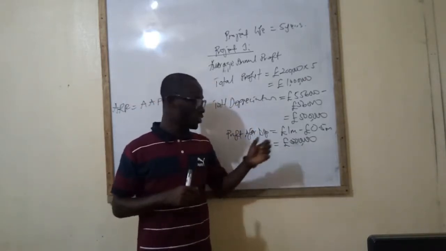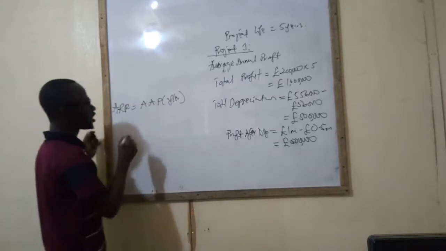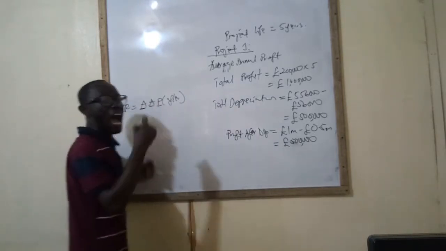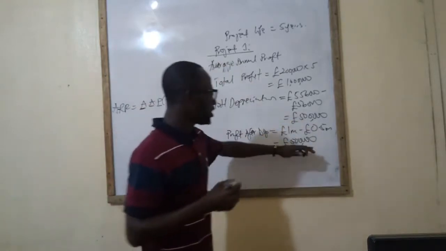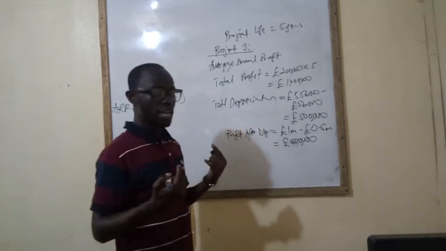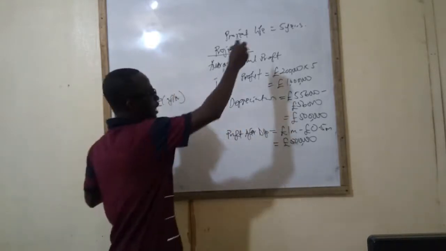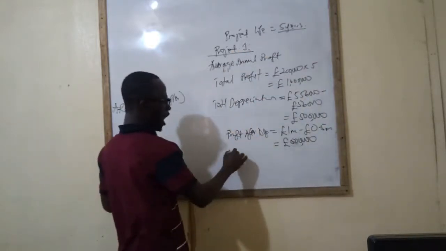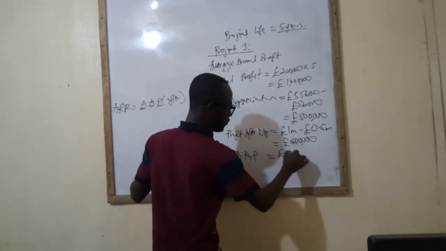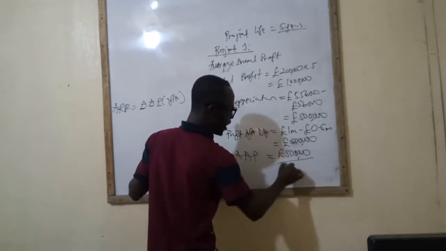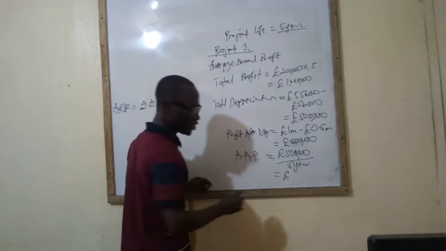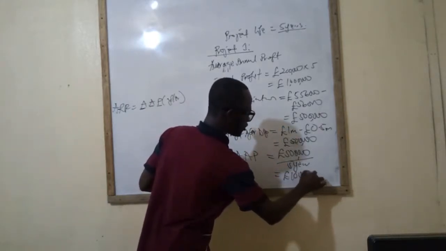Now, remember what we are interested in is average annual profit. This is the total profit after depreciation for the 5 years, so we need to get the average of that, and the years is 5. So average annual profit will be equal to £500,000 divided by 5 years. So every year the annual profit is going to be £100,000.